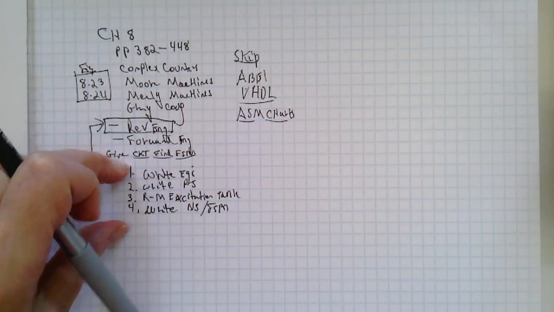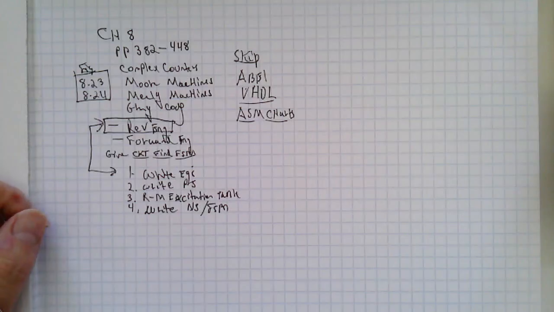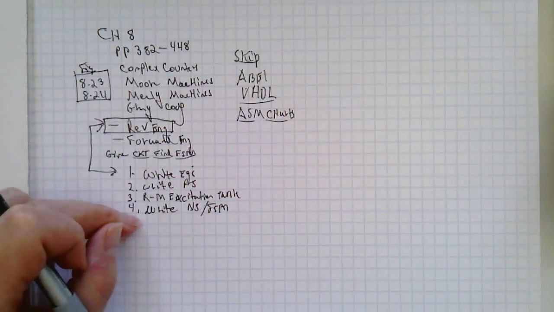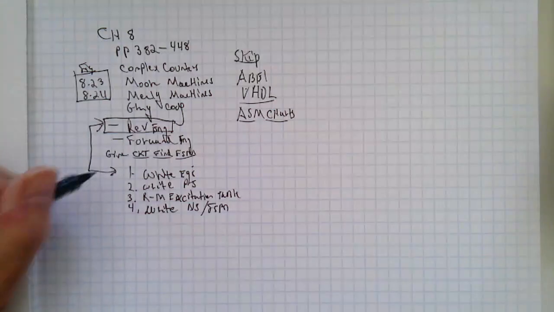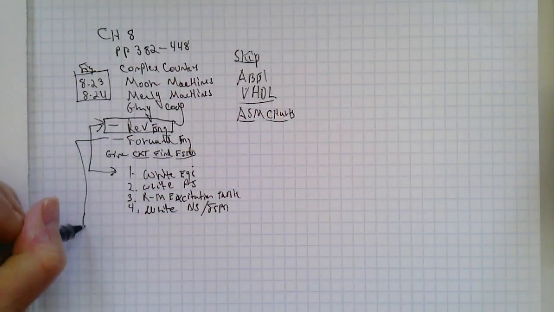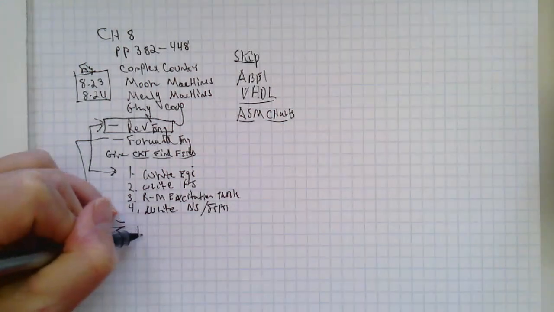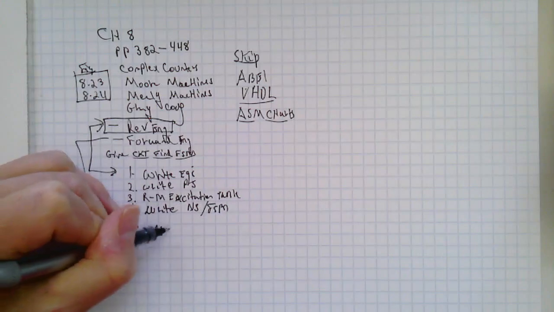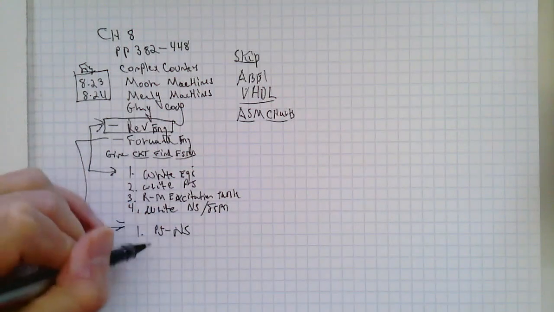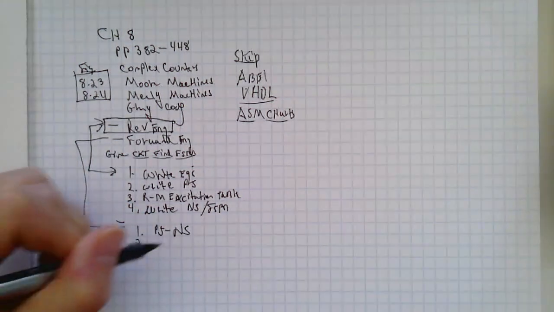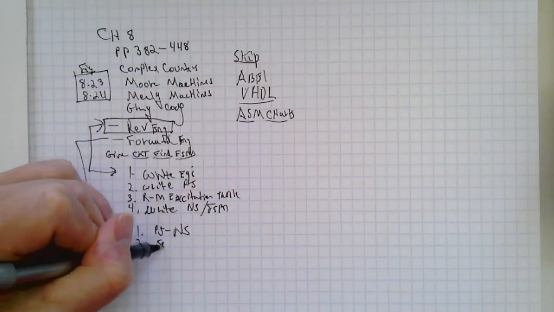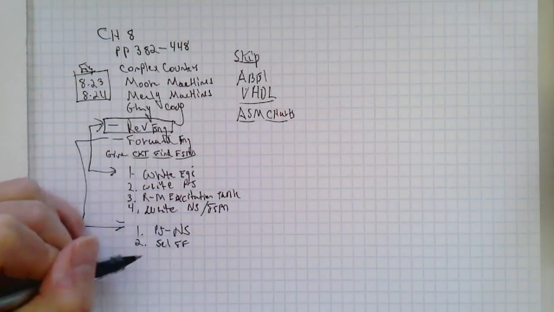For forward engineering, you start with the present state, next state table. Get the present state, next state table. The second thing you want to do is select your flip-flop, if it hasn't been described for you already.